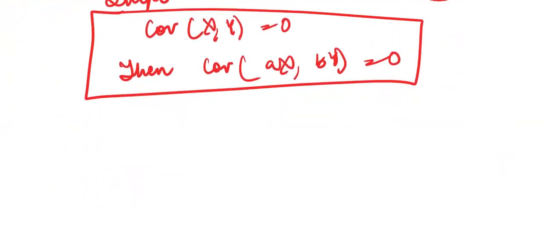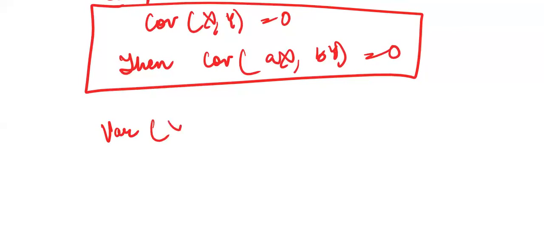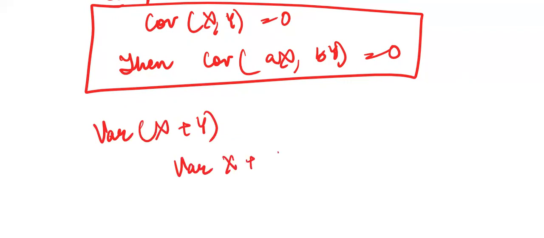Another thing which is important for you to understand is: what is the variance of x plus y? The variance of x plus y is given as variance of x plus variance of y plus 2 covariance xy.